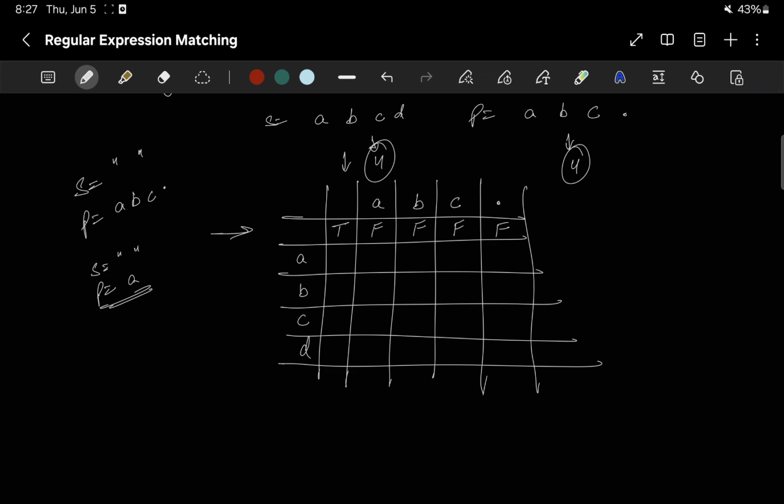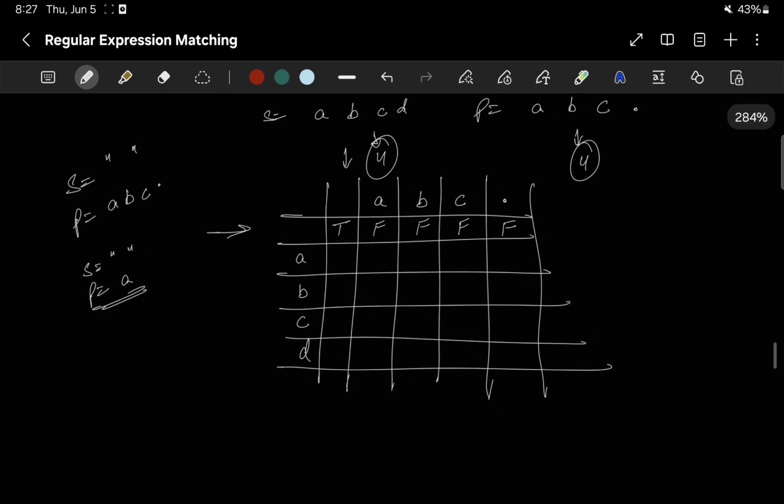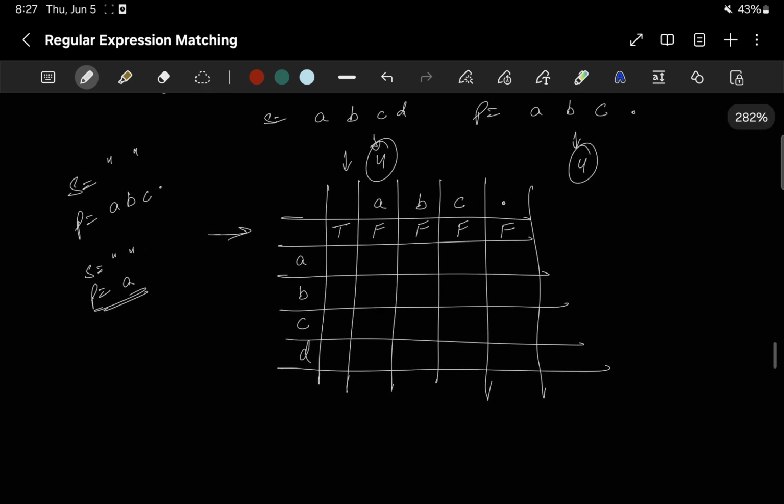Now, we had the benefit of doubt here in P that maybe P can be star. But in S, we for sure know that no character in S can be a star, right? So if S has anything other than an empty character, let's say S has A and P is empty, because this column considers P as empty, then it will always be false.